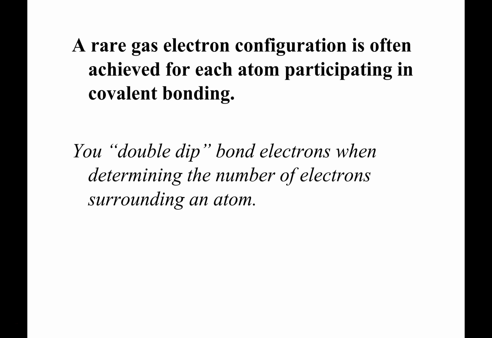So when this slide talks about double dipping, I can switch colors here. See how green works for us. It's like drawing a Venn diagram or a shared custody. So anytime on a Lewis structure you see 1 dash, you're going to have to translate that to a pair of electrons. So I'm going to draw a little circle around that hydrogen atom. I'm going to include all electrons it has at least joint custody over.